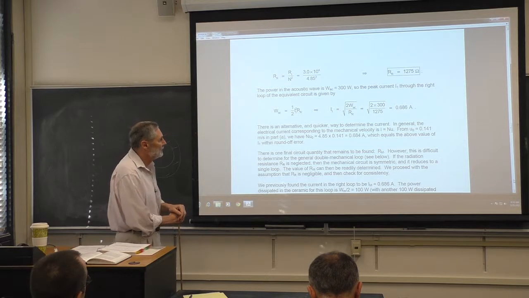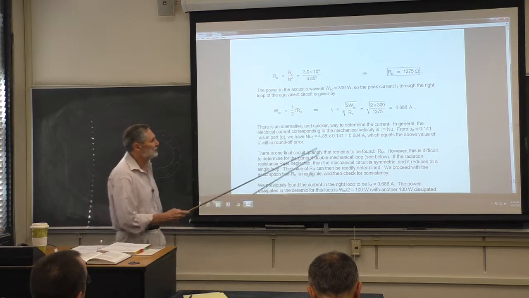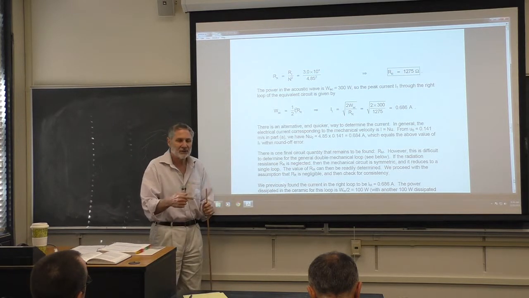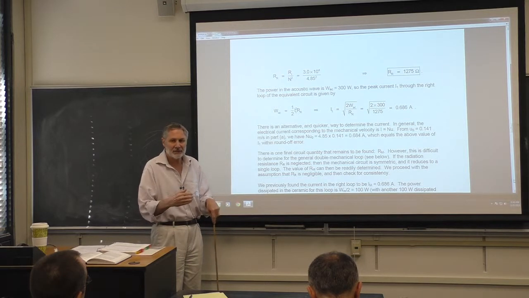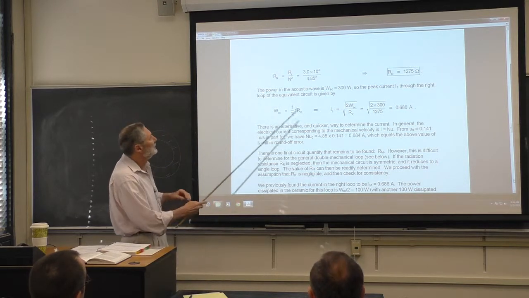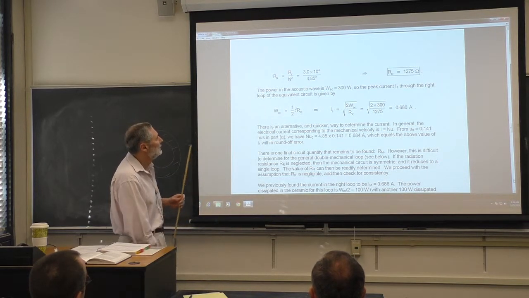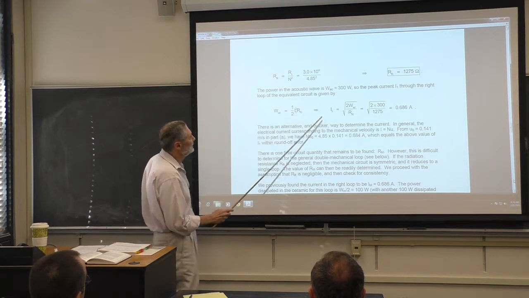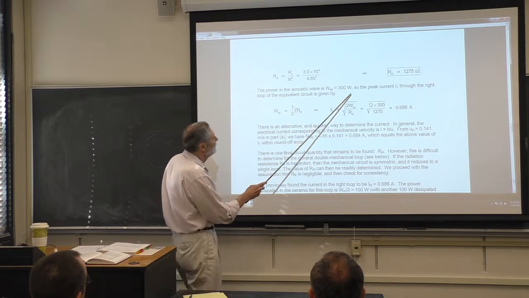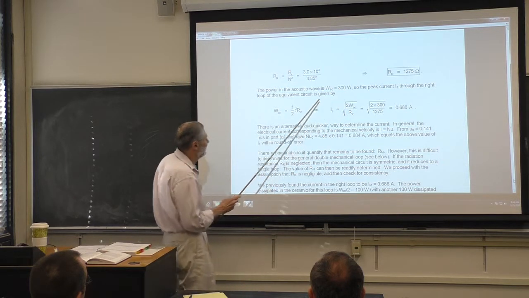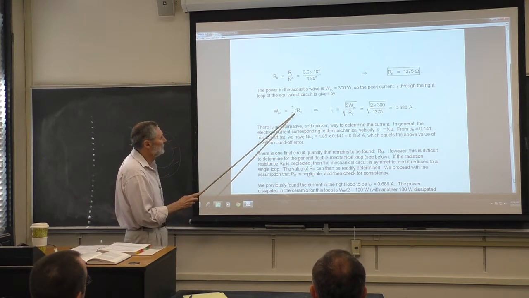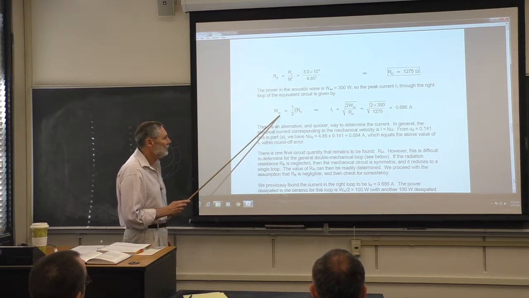We want to find all the electrical quantities here, and so there's going to be an electrical current corresponding to the velocity. One way of getting that, the long way, I'll tell you the short way in a moment. Remember, this is the peak current; we can get it from this.